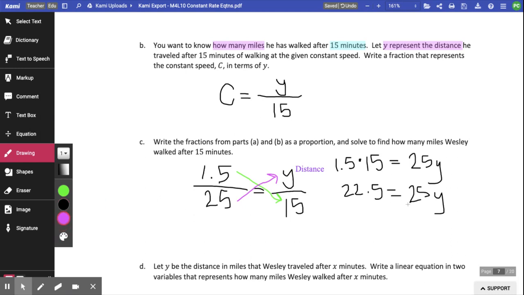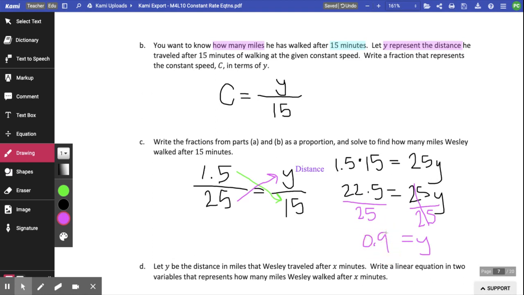We want to get this letter y by itself, and in order to get it away from that 25, we have to divide the 25 away. Remember, what you do to one side of an equation, you do to the other. So I'm dividing both sides by 25. Over here, 25 divided by 25 cancel, and I'll just be left with the letter y is equal to, and using my calculator, 22.5 divided by 25 gives me 0.9.